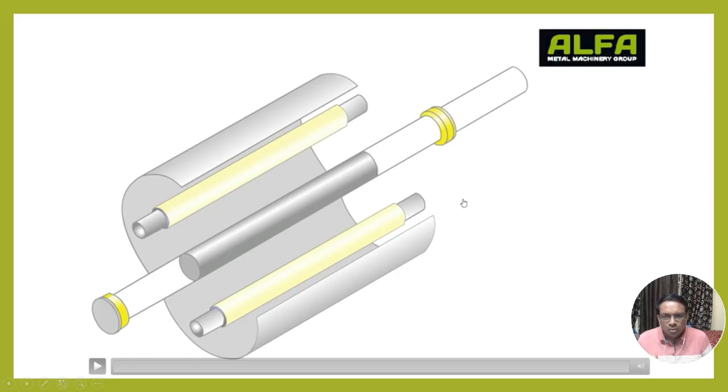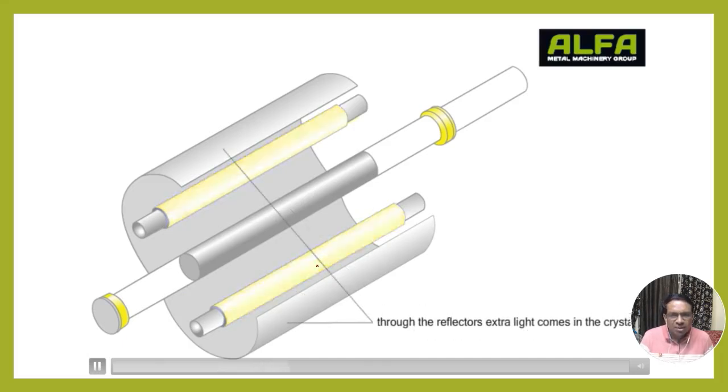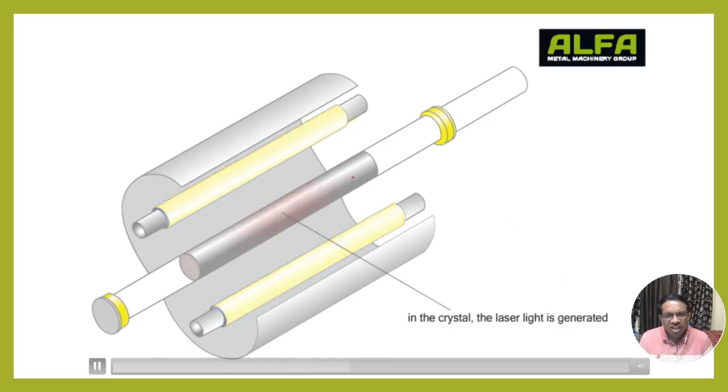If we open it, it will look like this, and we will see a video of how it works. This is the Nd:YAG crystal at a focus, and the lamp will be at the other. One side is completely polished, the other side partially polished. When the light glows, it pumps the energy. That energy is absorbed by the Nd:YAG rod.